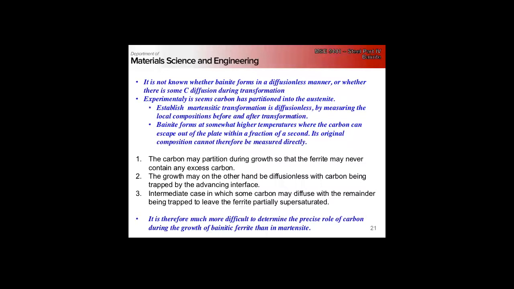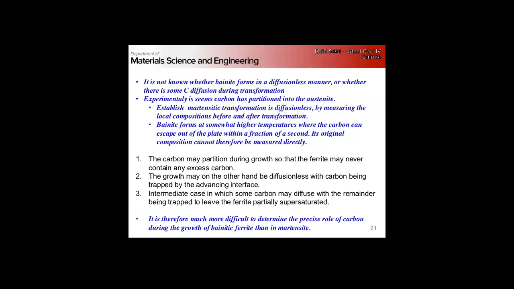So now into the weirdness, right? We still don't really have any agreement as to whether Bainite forms in a diffusionless manner or if there is diffusion that occurs during the transformation.